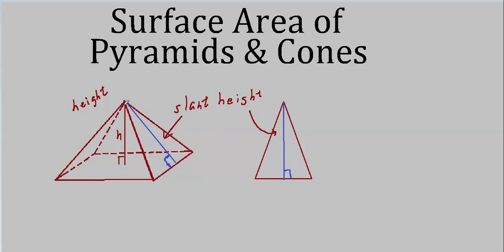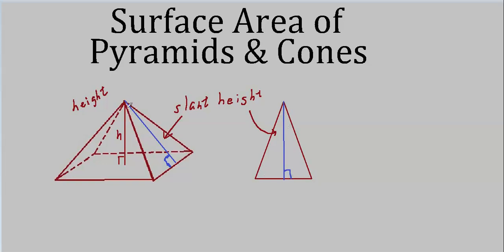But if we were to take this triangle right here and cut it out or peel it off, remove it from the pyramid, so we just have this triangle all by itself, it would be like this. And this blue line here would be what we used to call the altitude of the triangle. In other words, if we wanted the area of this triangle, it would be this height times the base times 1/2, or 1/2 of the base times the height.